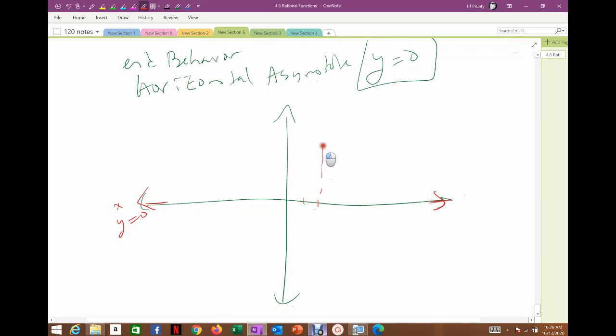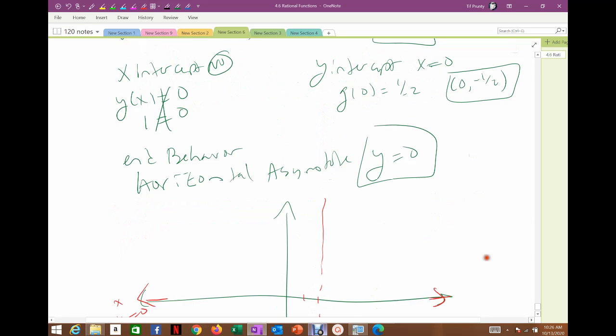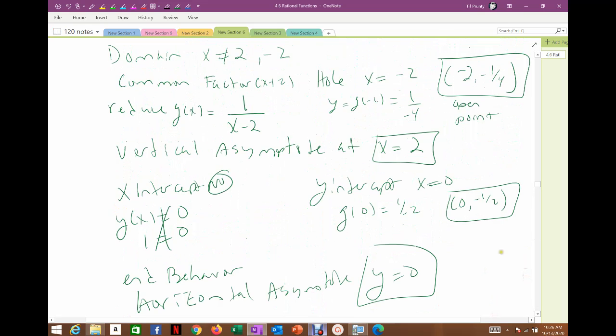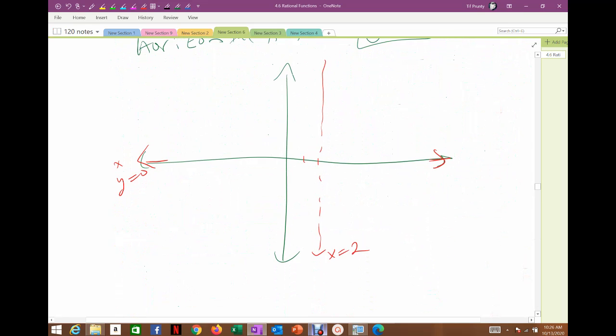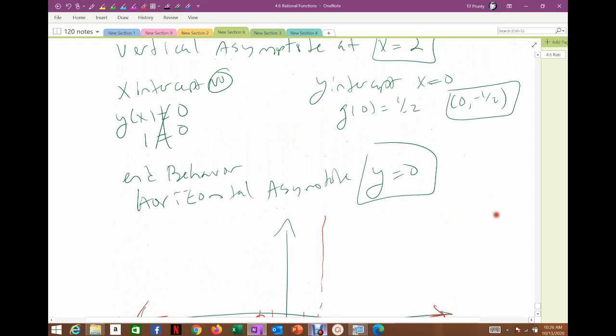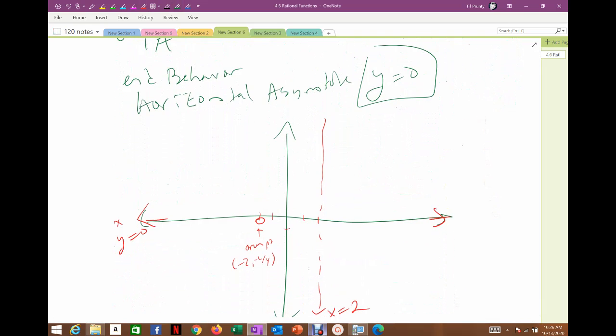So there's x equals 2, and then the hole in my graph, so I don't forget it, there's a hole in the graph at -2, -1/4. -1/4 isn't very big, so it'd be really close to the axes there. That's the open point, -2, -1/4. Alright, then it has no x-intercept, but it has a y-intercept at 0, -1/2, so again that puts me there.